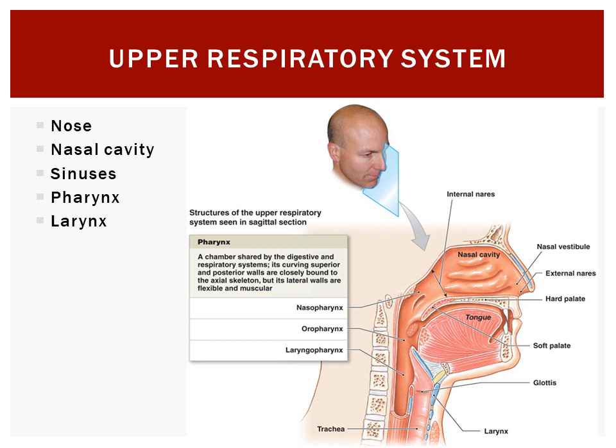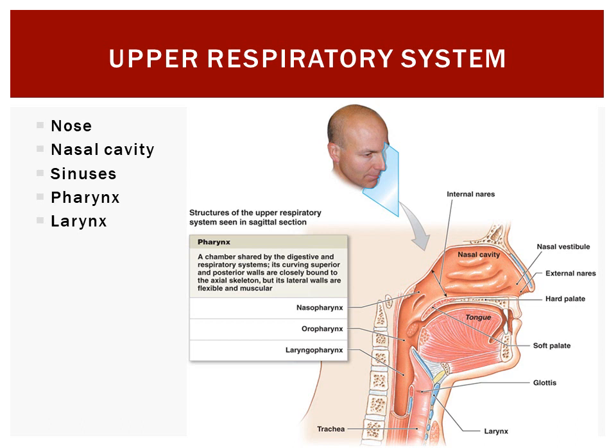The upper respiratory system is important to filter, warm, and humidify the air that you breathe. The nose, nasal cavity, sinuses, pharynx, and larynx are the structures in the upper respiratory system.